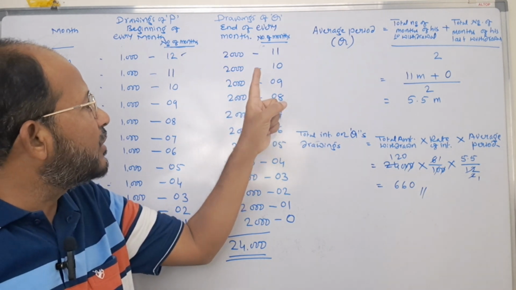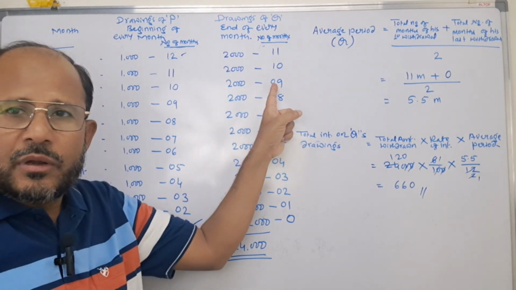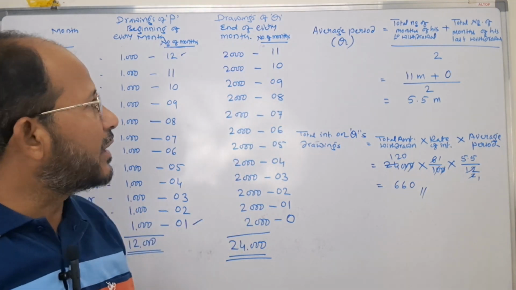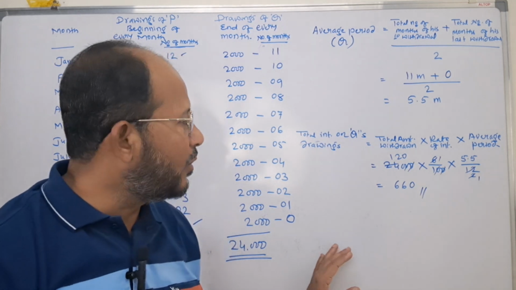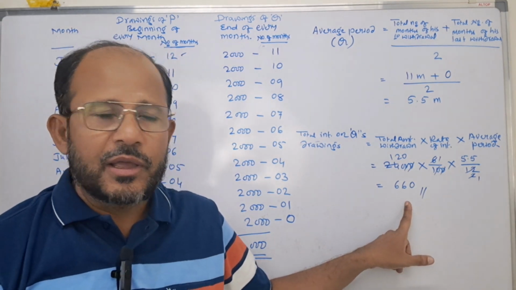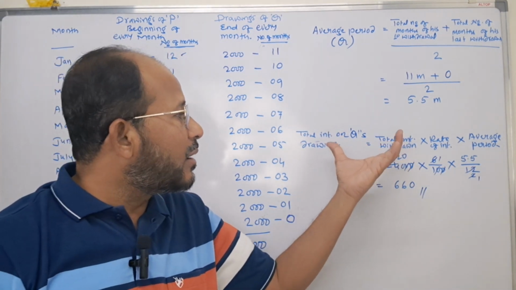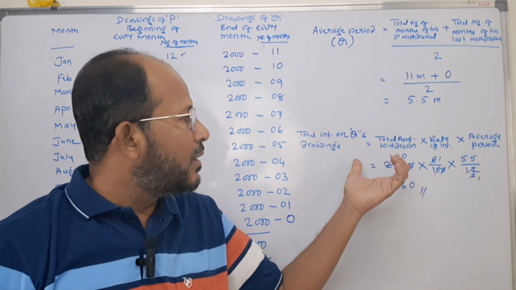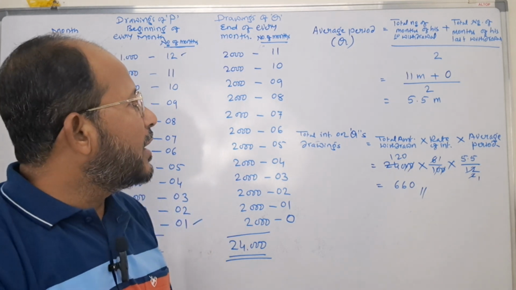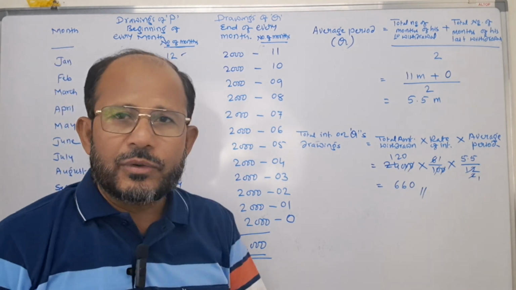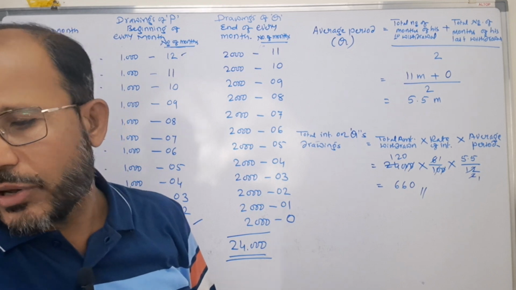In case of third withdrawal, it comes to 9 months. Like this, if you calculate at the end, whatever the amount you are going to get, that amount is equal to 660. But by following this formula, we can save time. Therefore, this is the way how we need to calculate interest on drawings.